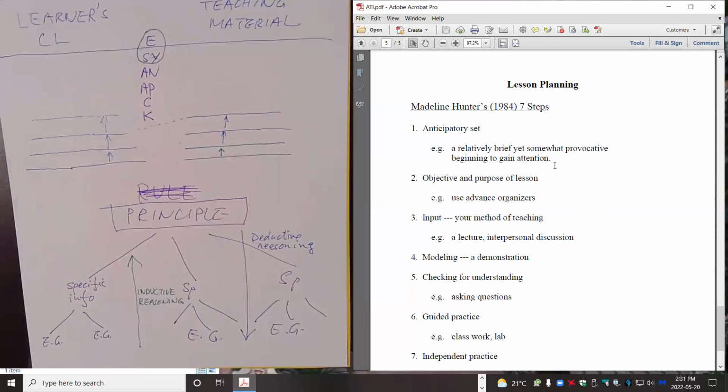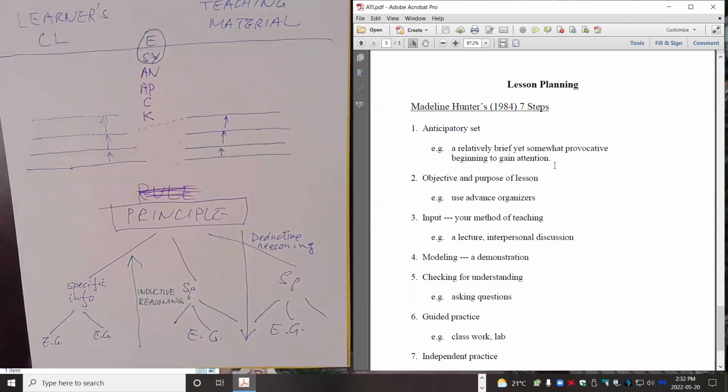Anticipatory set. That is to say, a relatively brief yet somewhat provocative beginning to gain attention, so that you increase the students' interest and motivation to learn the materials. For example, you talk about bullying.